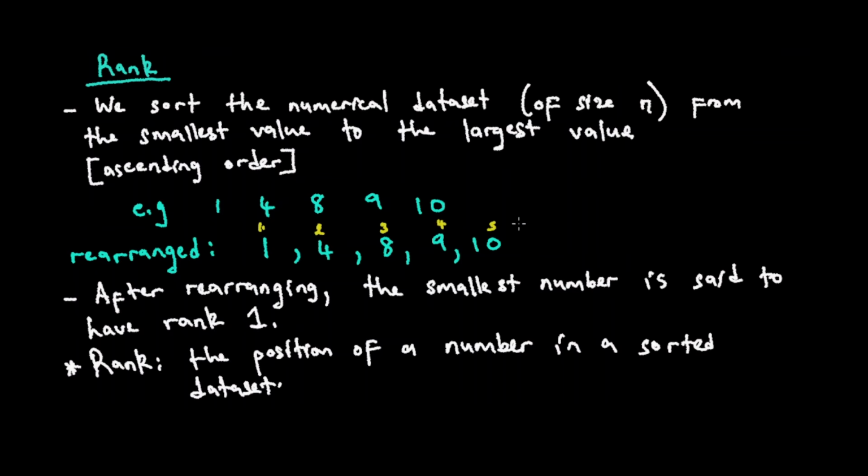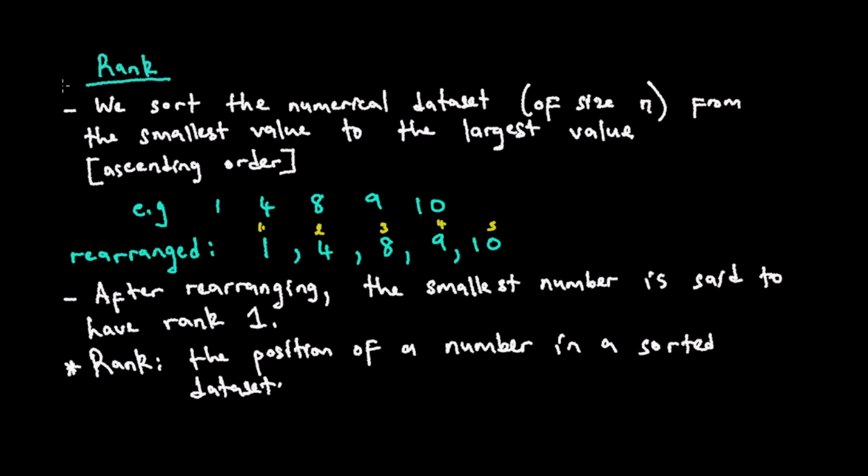But the key word, what we should do before we start naming ranks, is sort our data set starting from the smallest number to the largest number. Okay. So the second smallest is rank 2, third smallest is rank 3.